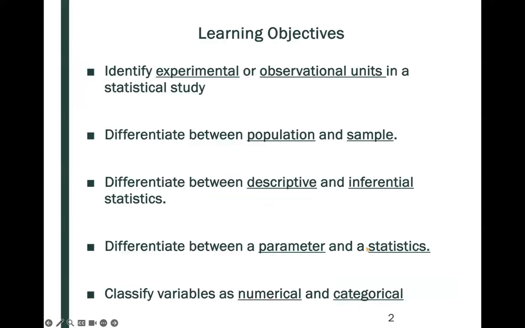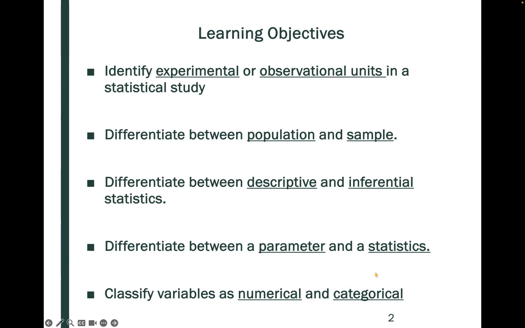And today we are going to go over some of the learning objectives and some examples that get at the learning objectives. So first, we'll want to identify experimental or observational units in a statistical study, differentiate between population and sample, differentiate between descriptive and inferential statistics, differentiate between a parameter and a statistic, and classify variables as numerical and categorical.